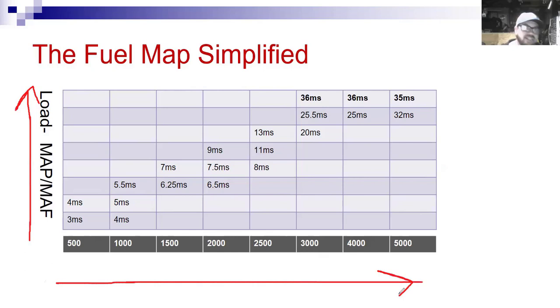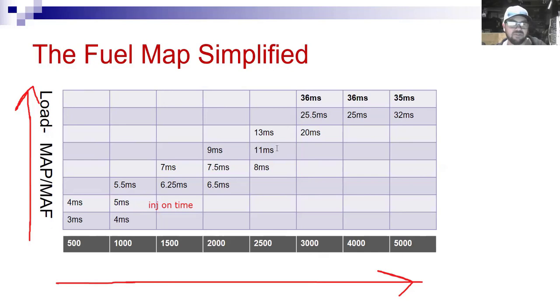And if I related this to a physical time value, I could say, okay, well, this is milliseconds of what? Well, this is going to be milliseconds of injector on time. How long do I turn on those fuel injectors? So here I'm at basically idle speeds, low loads, and maybe I'm 3, 4, 5 milliseconds.